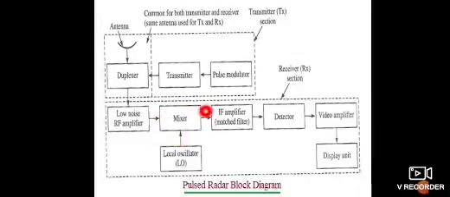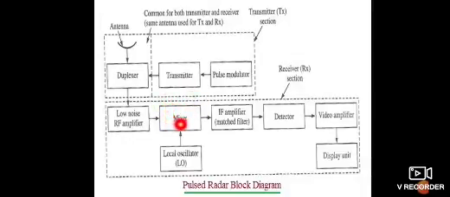For that reason, we convert them into intermediate frequency signals. The local oscillator generates a frequency in the range of the intermediate frequency, and that frequency is given to the mixer, and the RF amplifier also gives some signals.